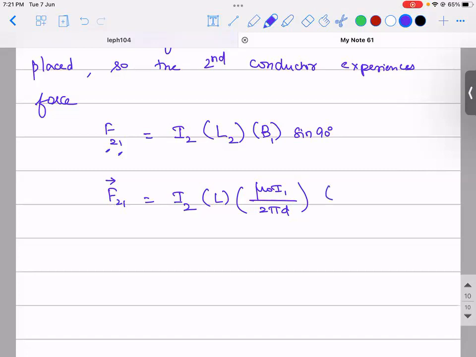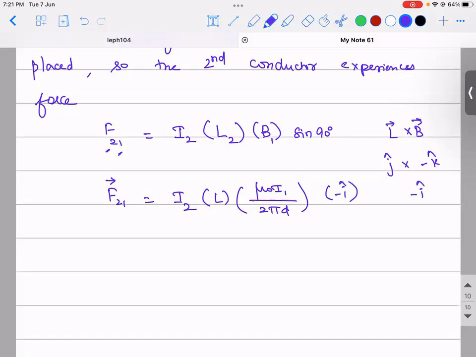Check your notes and tell me what will be the direction of the force experienced by it. Force experienced will take L vector cross B vector. L vector is in which direction? J cap. Cross B vector is in the direction of minus K cap. So J cross minus K is going to be, think about it, minus I cap.